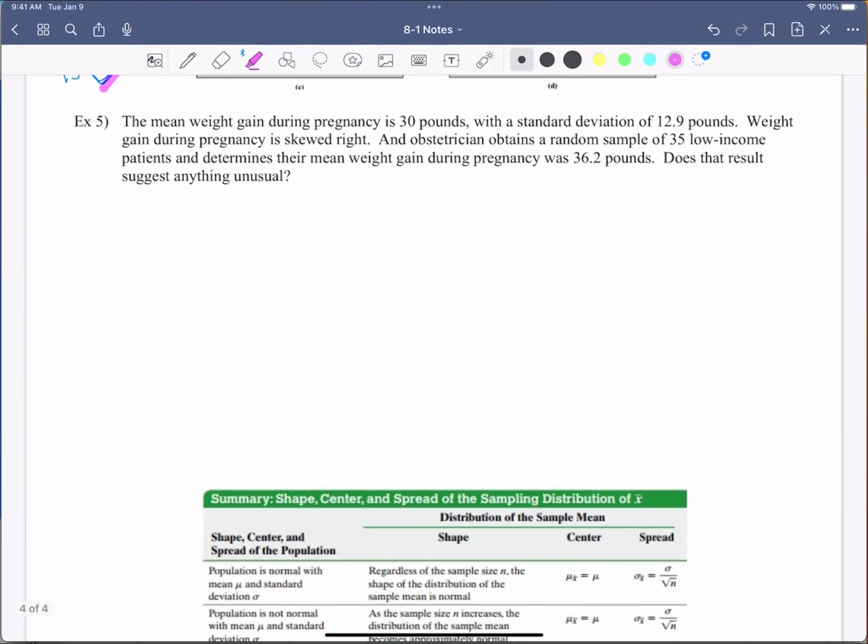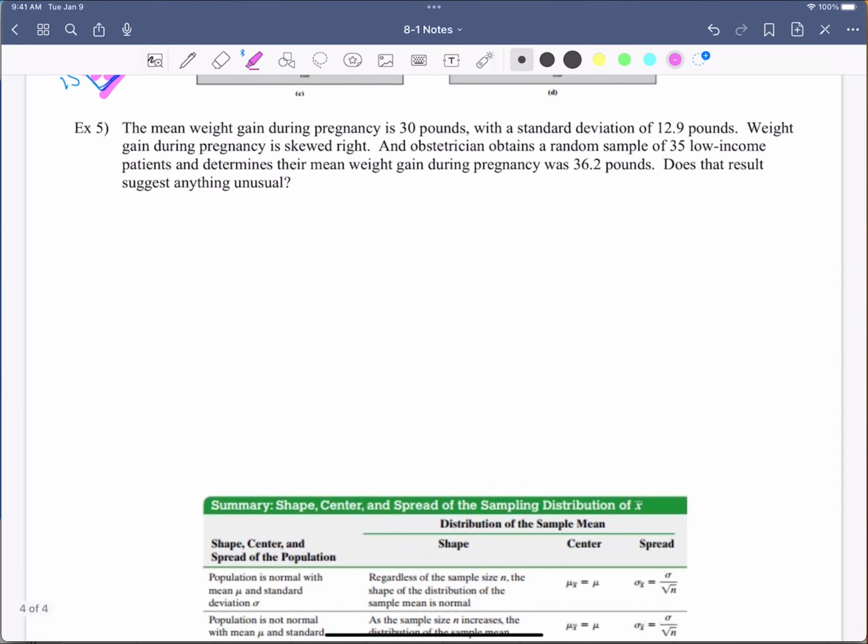Okay, so look at this example 5. The mean weight gain during pregnancy is 30 pounds with a standard deviation of 12.9. Weight gain during pregnancy is skewed right. So automatically they're telling me this is not a normal distribution.